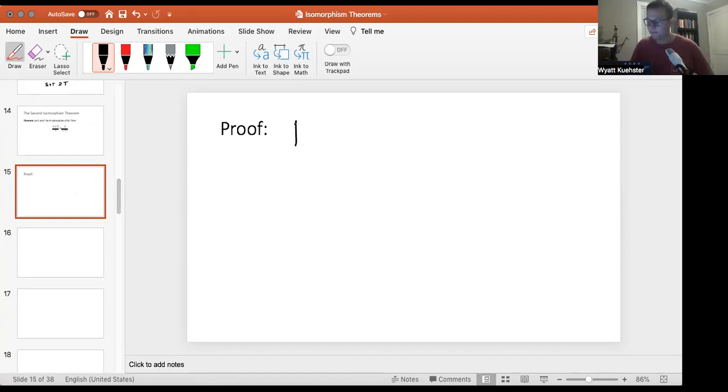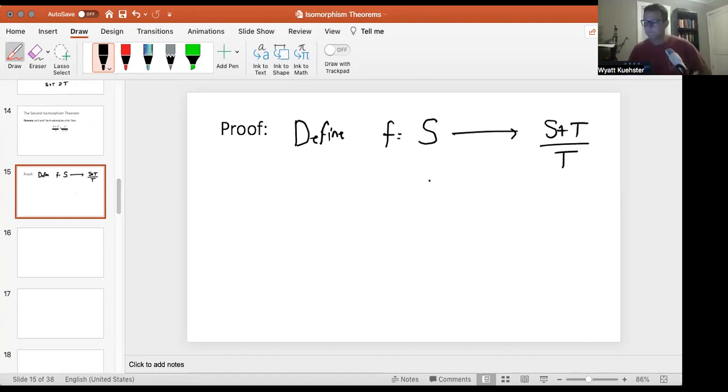I'm going to define a map that I'll call F, and it's going to go from S to S plus T over T. And I'm going to define it by, let's see, because you can't tell the difference between my little s and my big S, I'm going to write little x for an element in S. And F is going to map this element to the coset little x plus T. And that's an element of the right-hand side, of course.